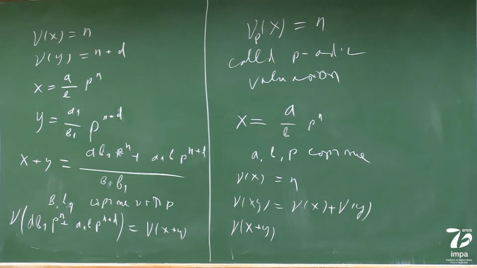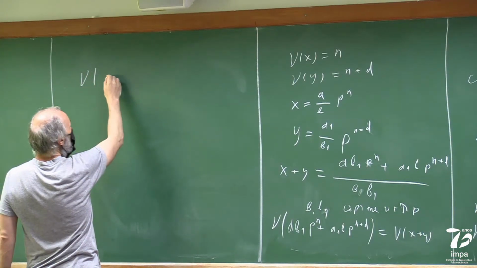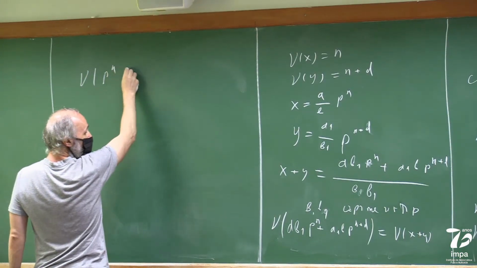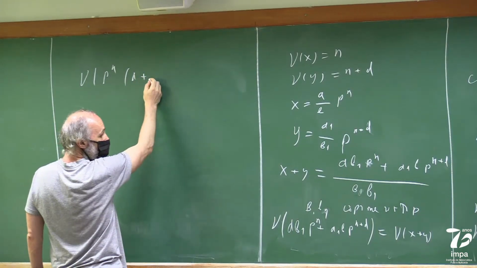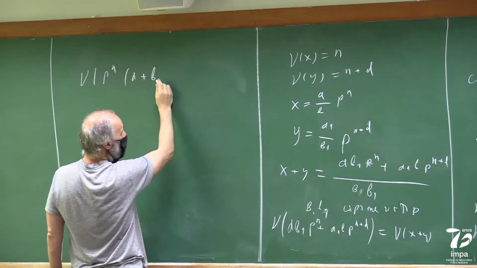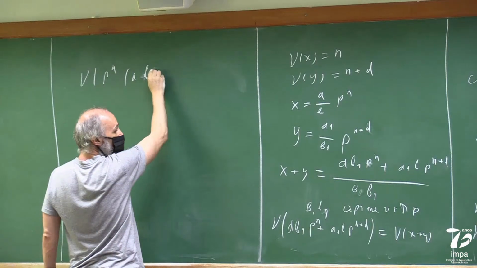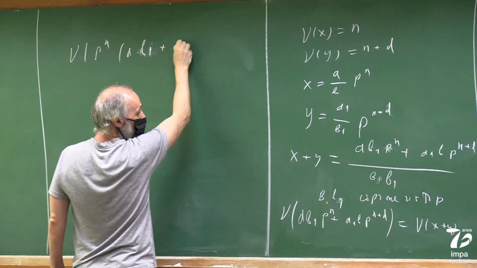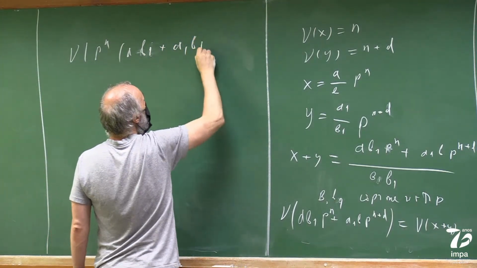And then this is equal to nu of p to the power n times (a b1 plus a1 b p to the power d).